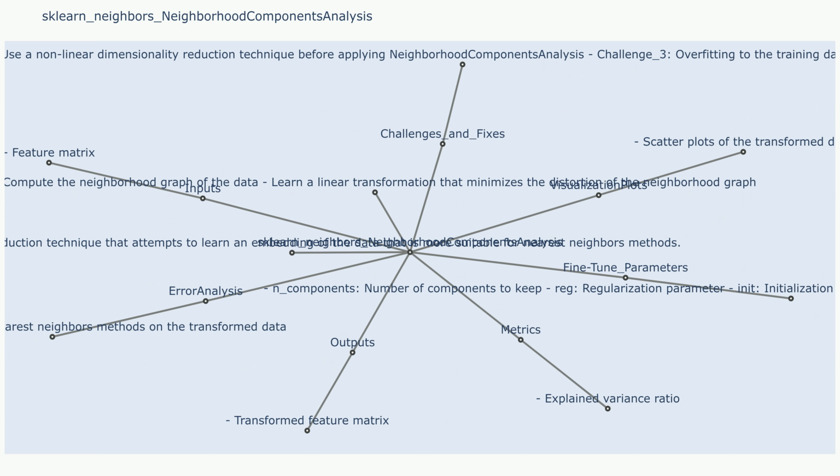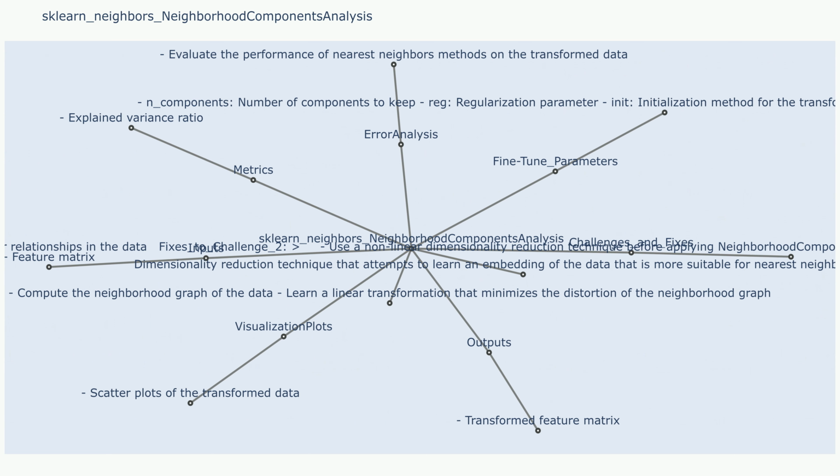neighborhood graph. Sample use case that resulted in challenge 1: when dealing with very high dimensional datasets, such as image data. Calculating the distances between all data points to find the nearest neighbors can be computationally expensive and time-consuming. Fixes to challenge 1: approximate nearest neighbor search.